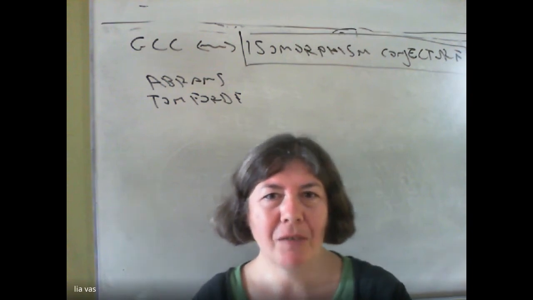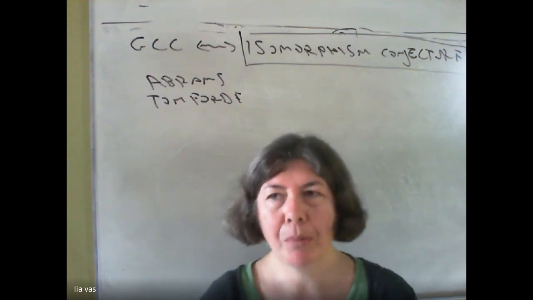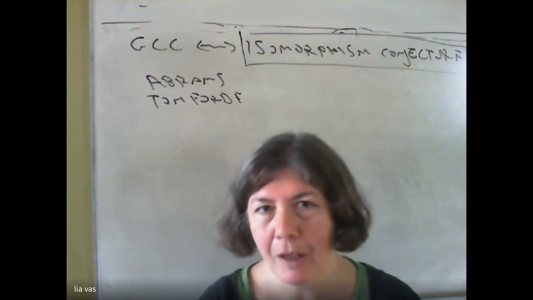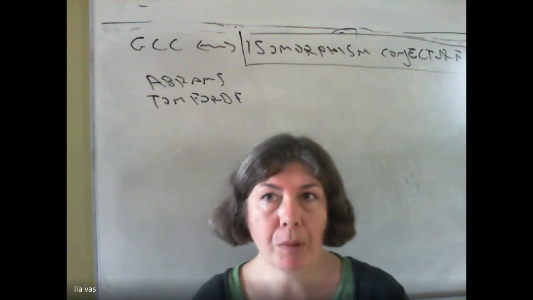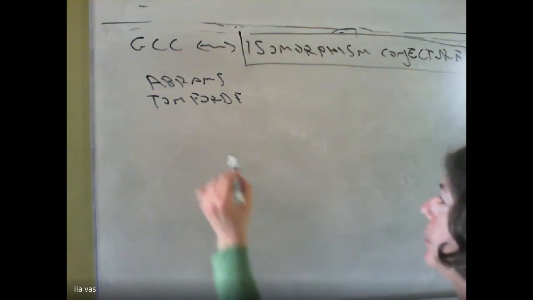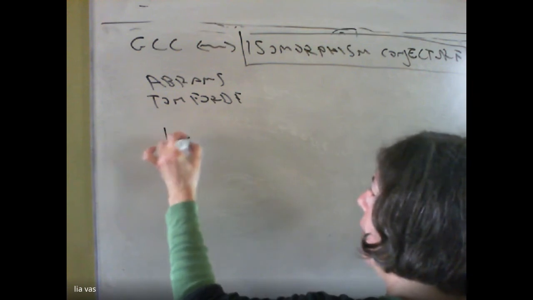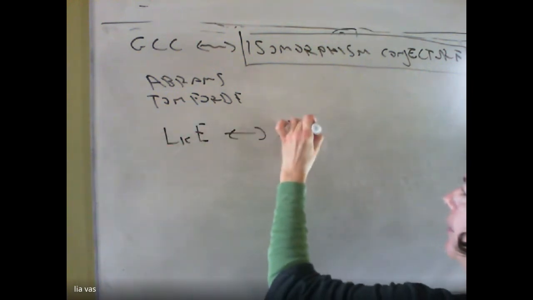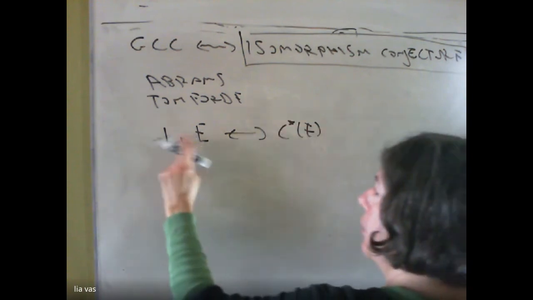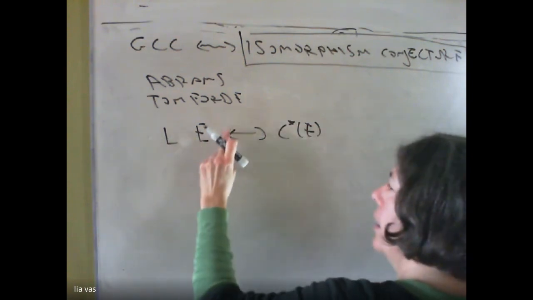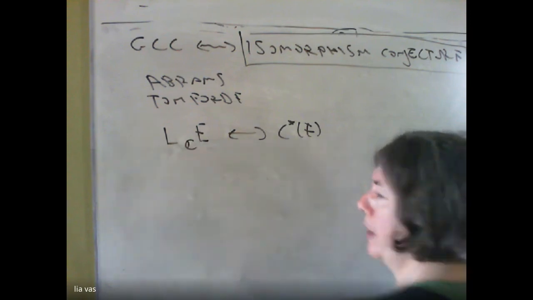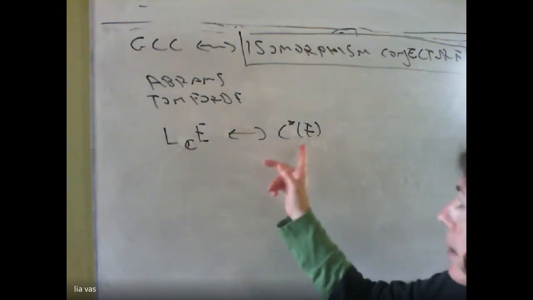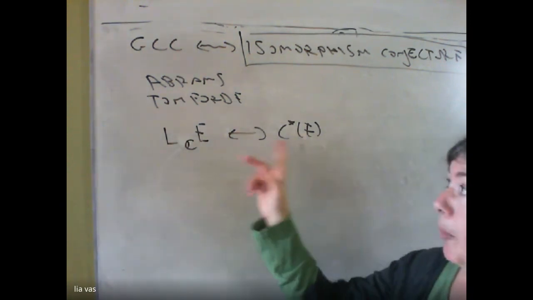It was conceived pretty early on, after Leavitt path algebras were introduced, because people were always curious about this connection between a Leavitt path algebra and its graph C-star algebra. And if we are interested in this connection, then we better put complex numbers here, because this is always over complex numbers.